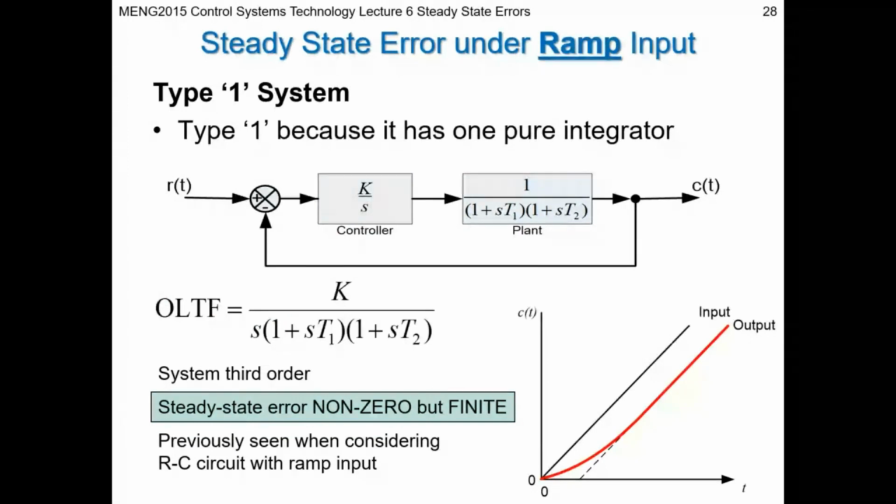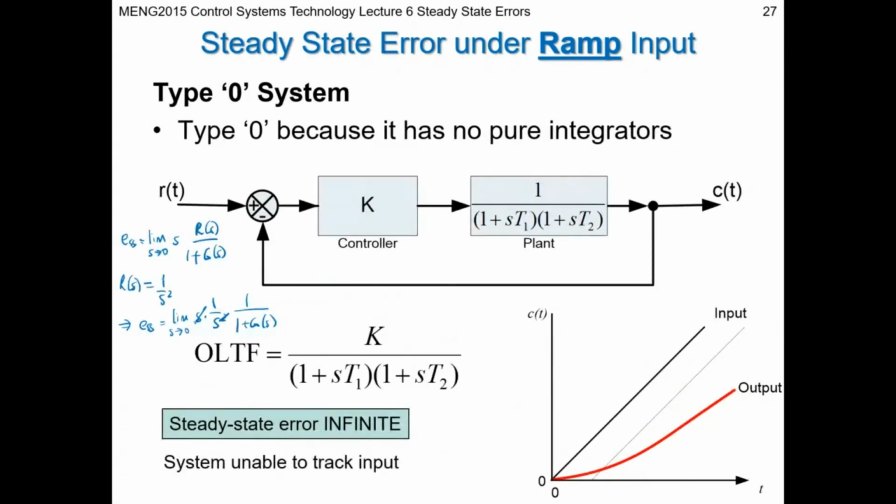Now, if you have a type 1 system, you solve that problem to a certain extent. Because now if you have a ramp input with an open loop transfer here, if I do this same maths, now I'm going to have a type 1 system in G(s), so we're going to end up with cancelling the s squared entirely.